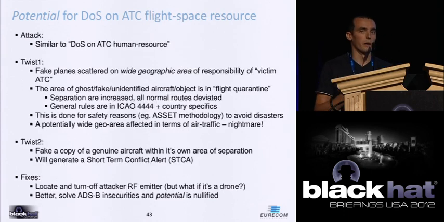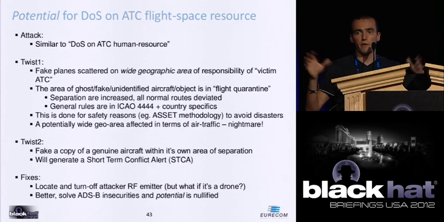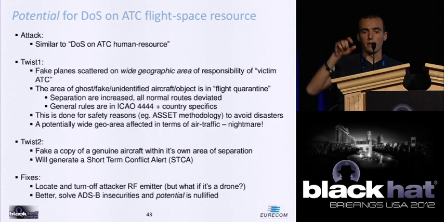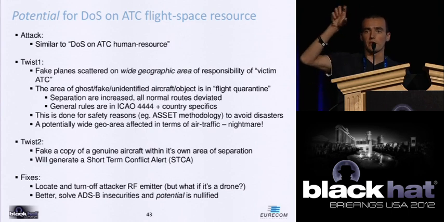Another twist to the same attack is denial of service on the flight space. When there is an unknown object or unknown aircraft in the space, in general, the procedures are international and they have some local country variations. They basically put the unknown object in air gap.